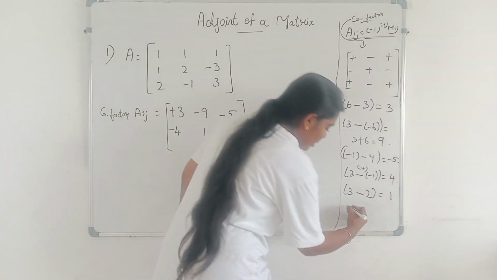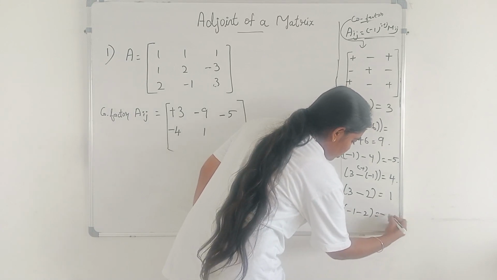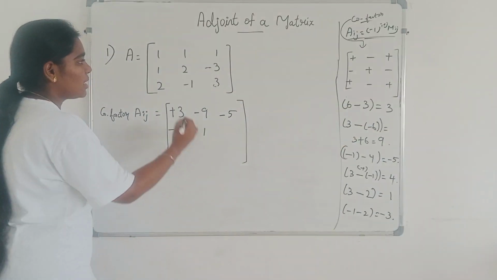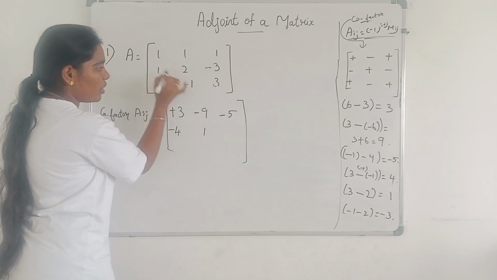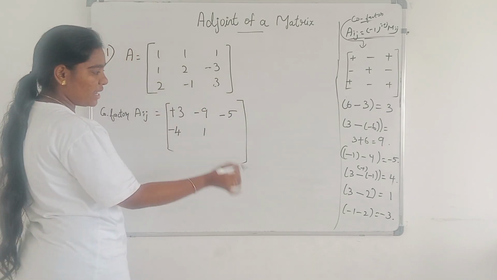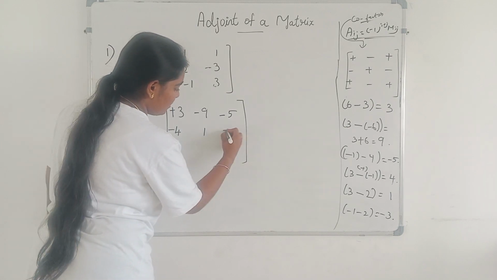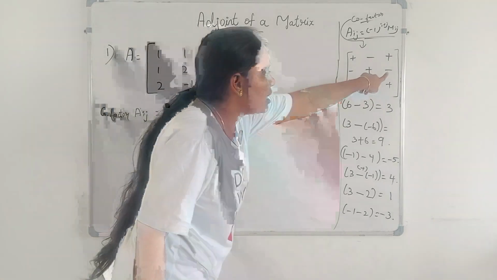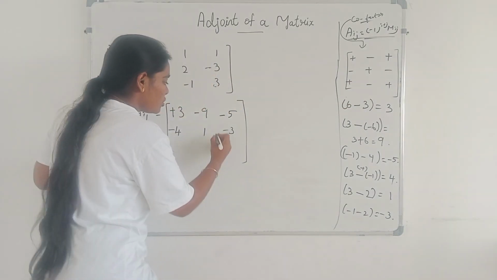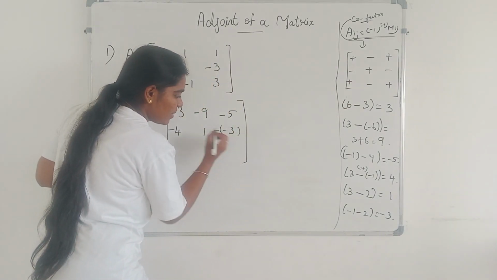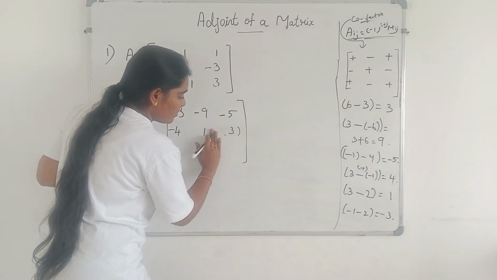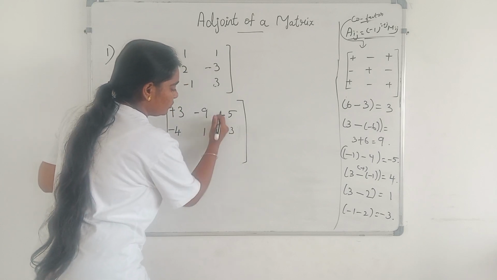So minus 1 minus 2, minus 3. We have to check the sign. Here the sign is minus, so minus minus will become plus. So it will become plus 3.